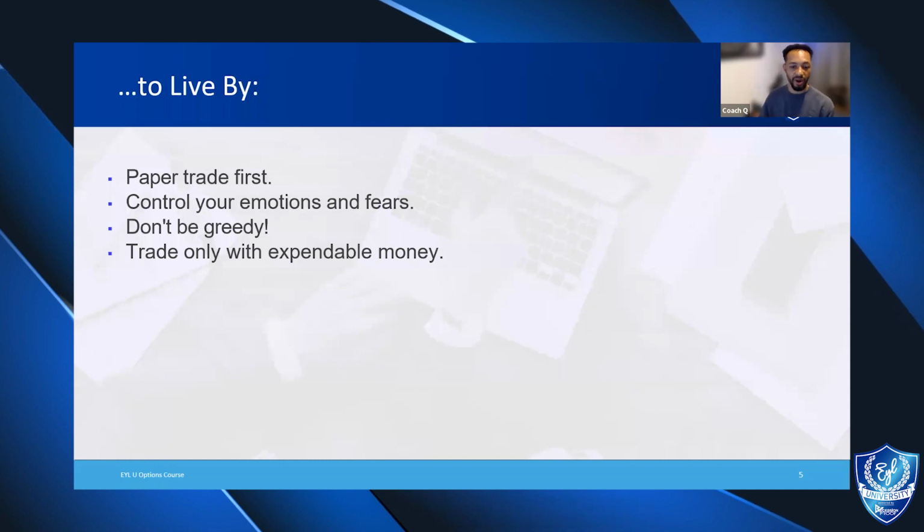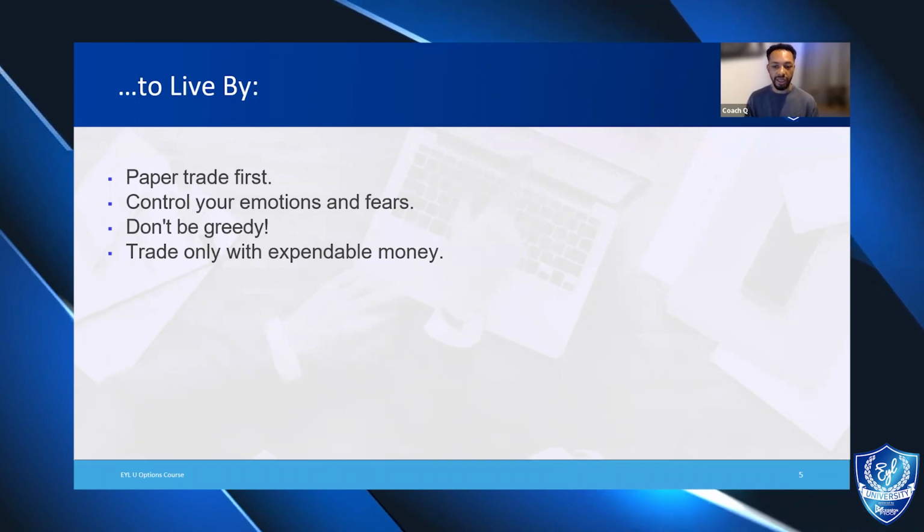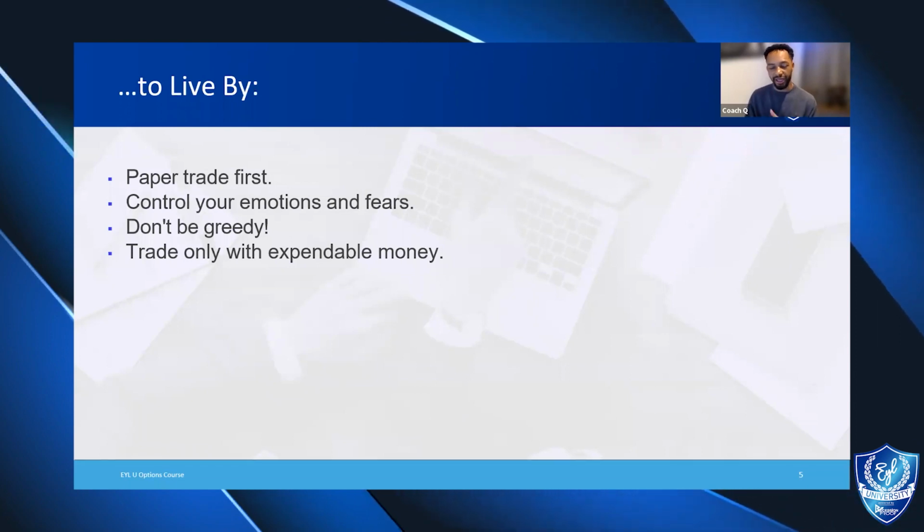If you've got that emergency fund that you've been setting aside for something that may happen, or if it's your kid's college savings fund, let's not trade with that. Let's trade with something that we can actually put at risk. Because if you're down to your last dollar and you put that on a stock option, that's not something we want to work with.